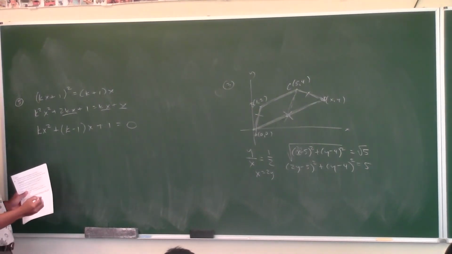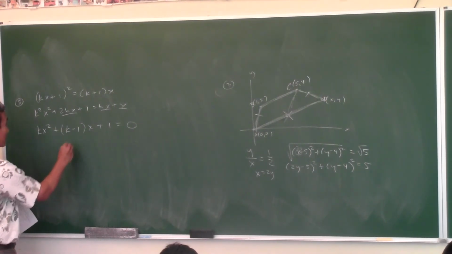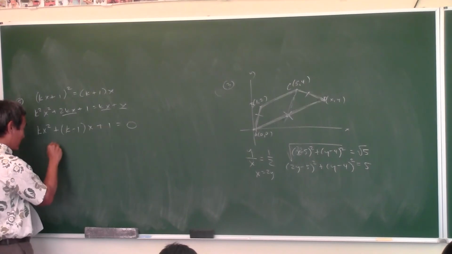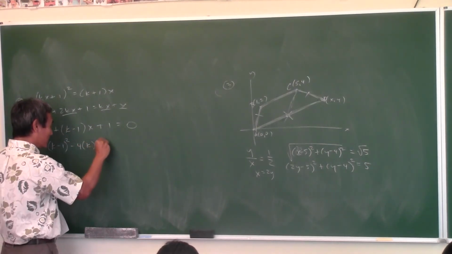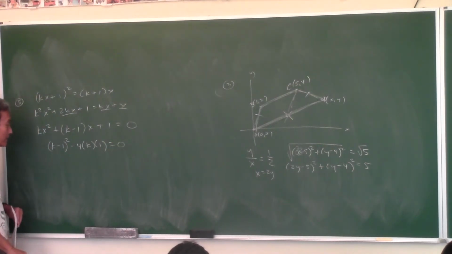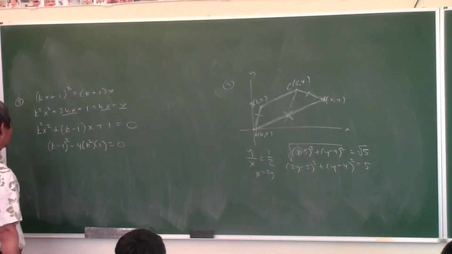Now all you have to do is, in order to get a double root, the discriminant must be equal to 0. So a, b, and c. b squared minus 4ac gotta equal 0. What? K squared? Where? On the left side. It is k squared. I don't know what you guys talking about.